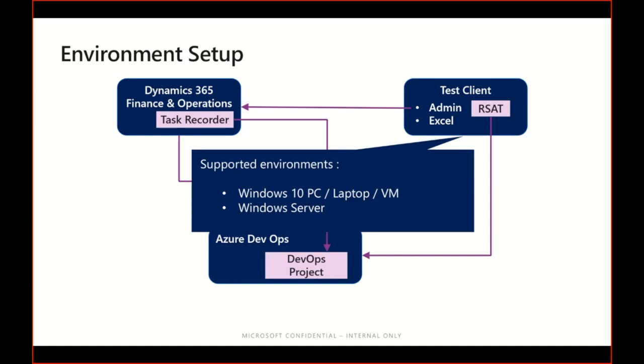That can be Windows 10, but can also be a Windows Server. For test purposes, you could also install the Regression Suite Automation Tool on your Tier 1 environment and then connect to the same environment. That's possible if you have admin rights on the Tier 1. So this would be limited to the cloud-hosted environments.